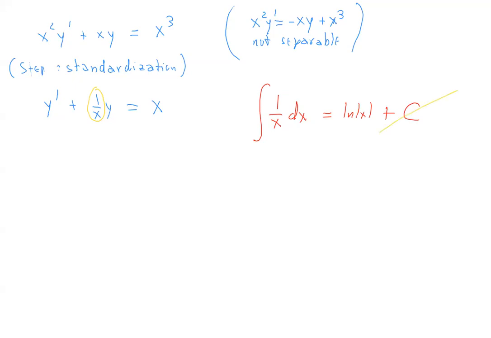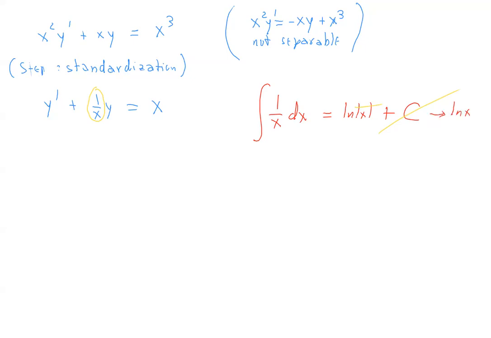Nobody told you to multiply by the most general thing that will make the left-hand side easily a derivative. And secondly, I'm going to get rid of the absolute value. So all I'm going to keep from here is just the ln of x.